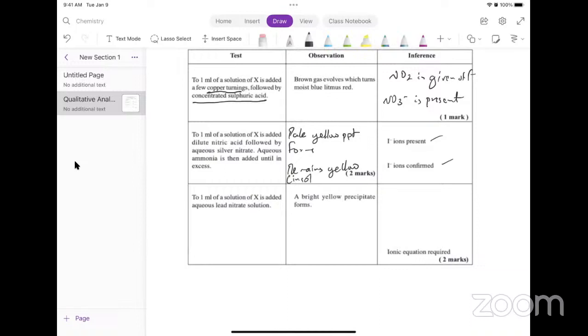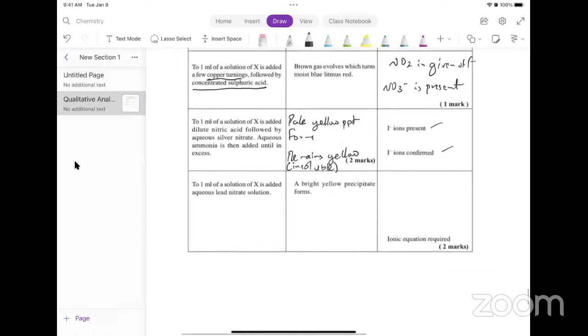And now it's saying to 1 milliliter of solution X added lead nitrate. So as I mentioned before, you saw that before, but it's the same result you'll get with barium nitrate or barium chloride, and a bright yellow precipitate forms. Okay, so a bright yellow precipitate forms. It's not anything different.